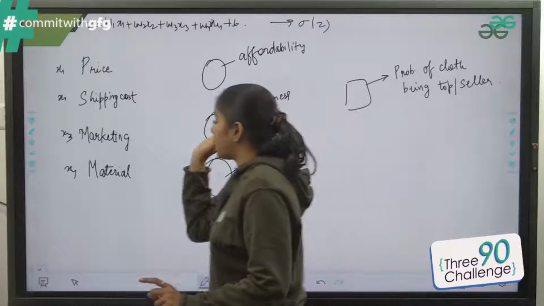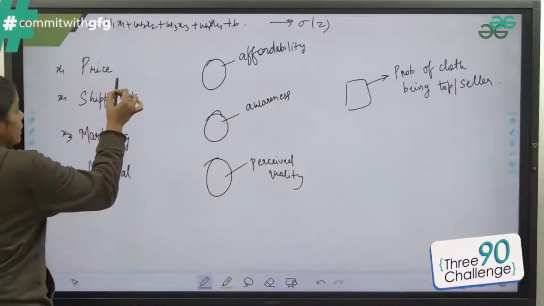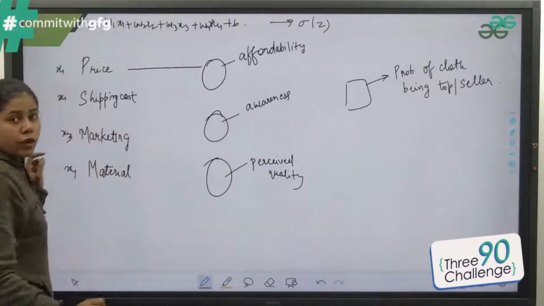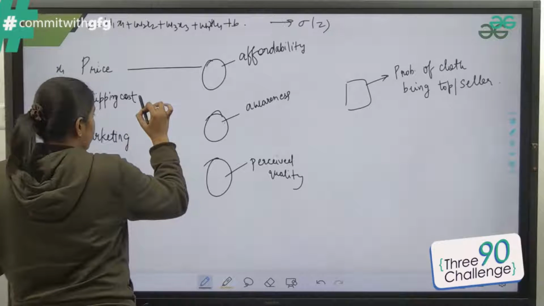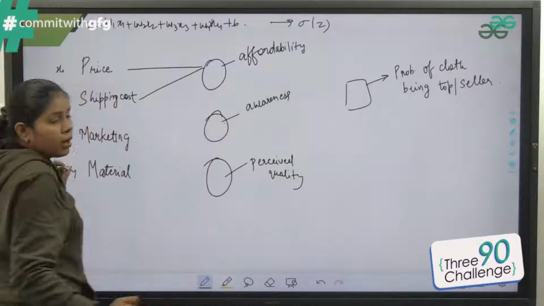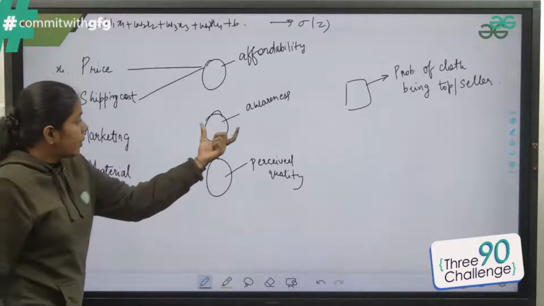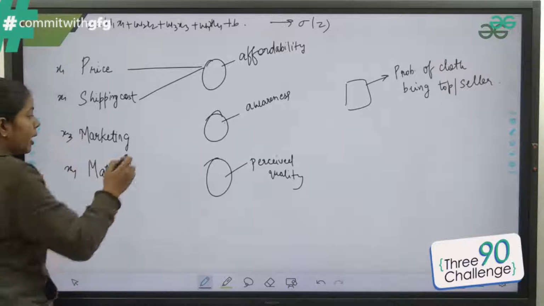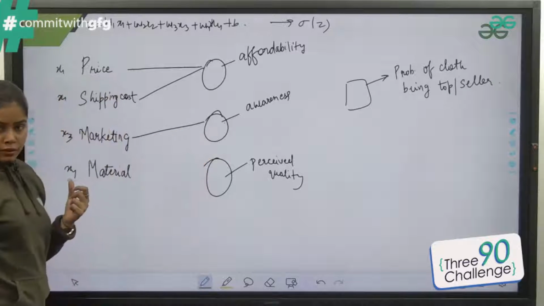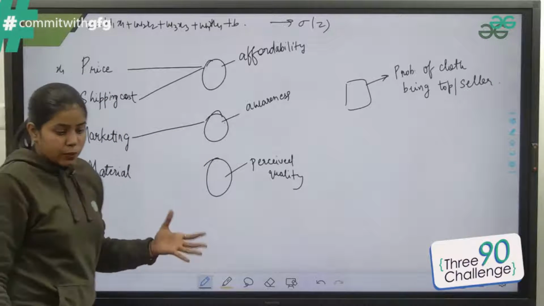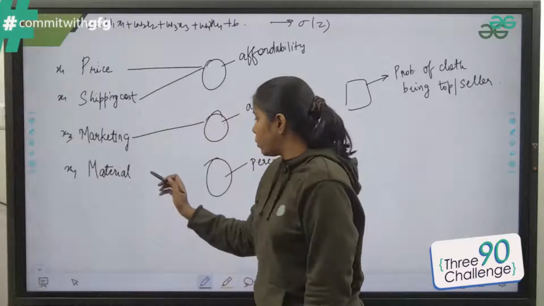So you can see that if I talk about affordability, then price would matter for affordability. If I add shipping cost, shipping cost should also pass through affordability. But if I'm talking about awareness, then because of marketing I would get awareness. And material goes to perceived quality, right?